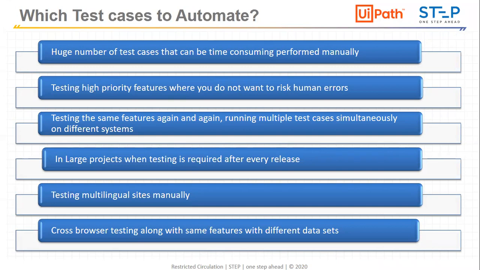In large projects, every release should be tested properly. If my project releases are weekly or maybe bi-weekly, and while doing release 3 I tested some feature as a manual tester, and tomorrow release 4 is also there, and again I want to check that functionality repeatedly, the same test cases, the same functionality, again and again, there is an impact.